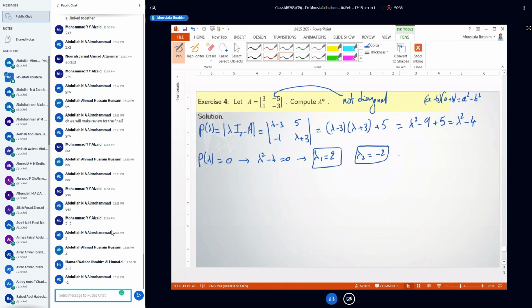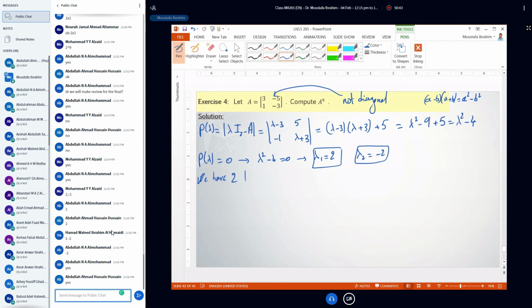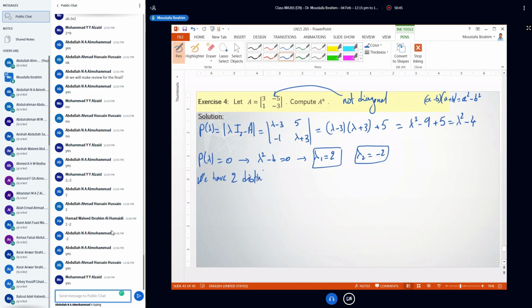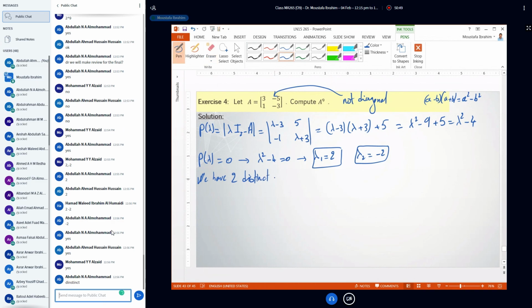Now, is it diagonalizable? Yes, because we have two distinct eigenvalues for A, which is 2 by 2. So A is diagonalizable.